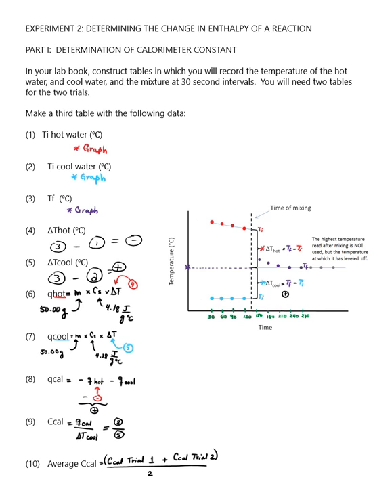Then we do something similar with number 7. Amount of heat, it's mass times Cs times delta T. The mass for the cool water is the same 50 grams because you're again using 50 milliliters. The Cs is the same number because it's the specific heat capacity for water. And then the change in temperature now is what you have in number 5.